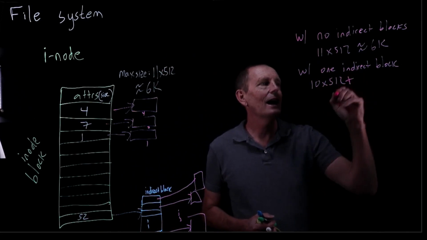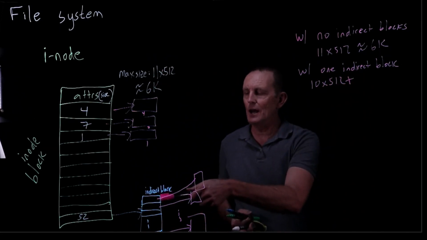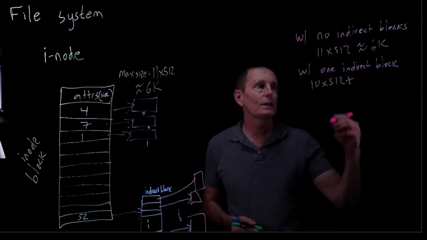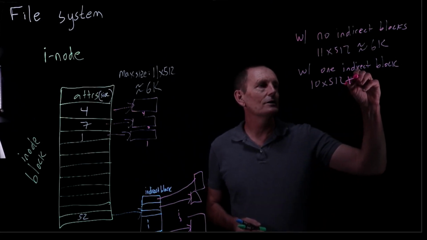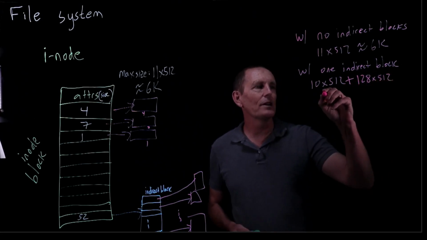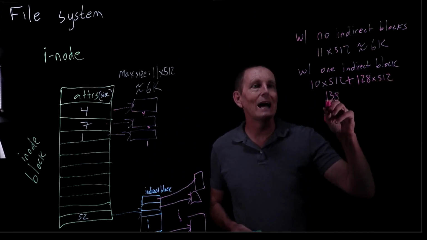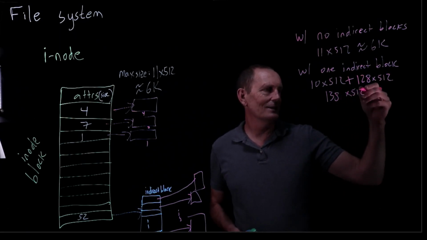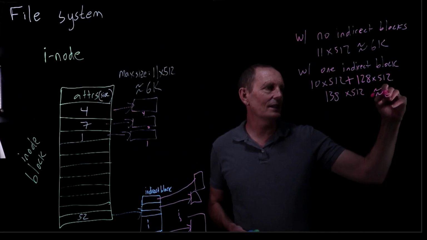But then we add in how many blocks can we fill up in an indirect block. And that's just going to be 512 divided by 4, or 128, right? Really the way we want to think of it is we have 138 blocks we can refer to, and that times 512. So this is more like, let's say, 60K?